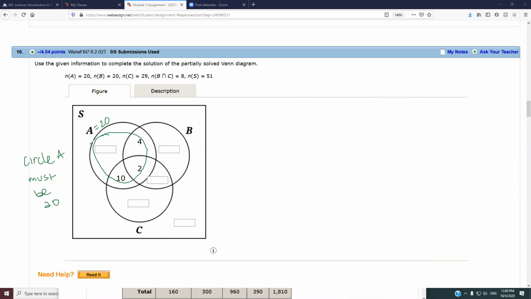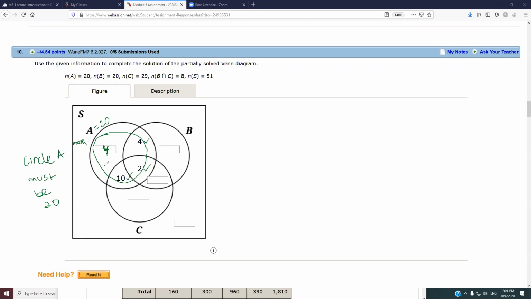These are all the students in circle A taking math. I know altogether there's 20. Well, I'm seeing 10 plus 2, that's 12. 12 plus 4 is 16. That must mean this box has to be the remaining 4. Right? Because I know this whole circle has to be 20.